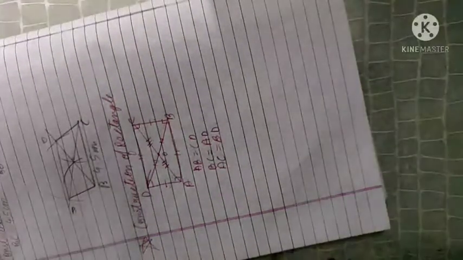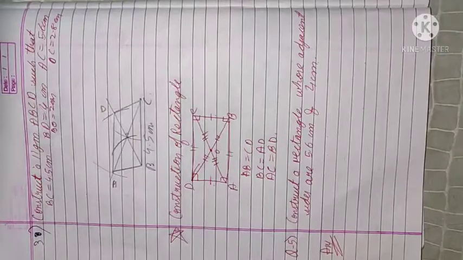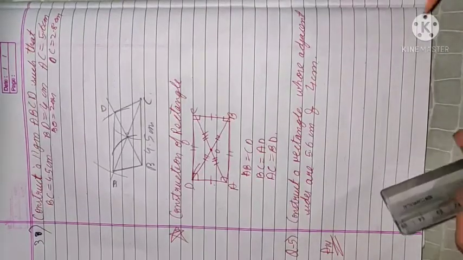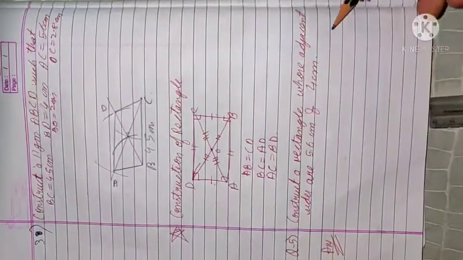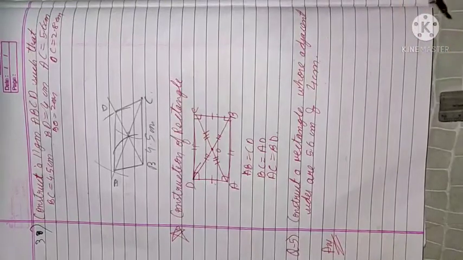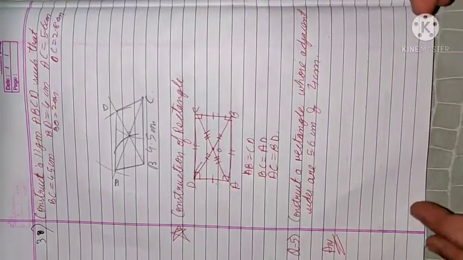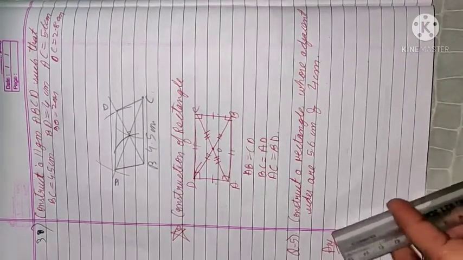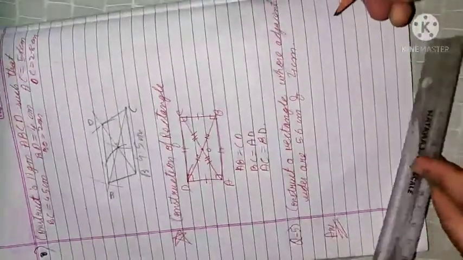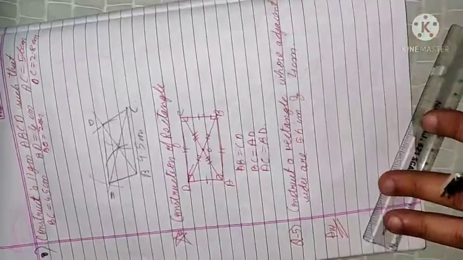Next we are going to start with the question for the rectangle. Our question says: construct a rectangle whose adjacent sides are 5.6 centimeters and 4 centimeters. So what will we do? Adjacent sides means the length and breadth, which are 5.6 and 4 centimeters.